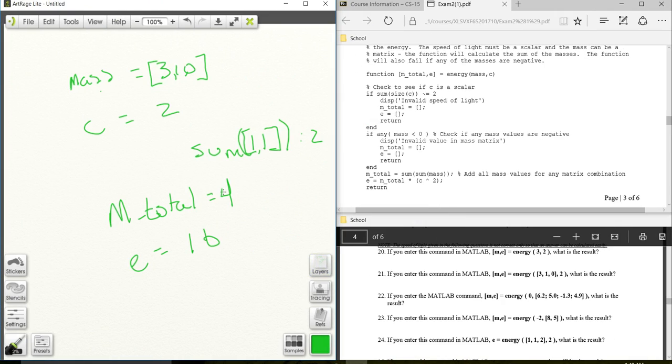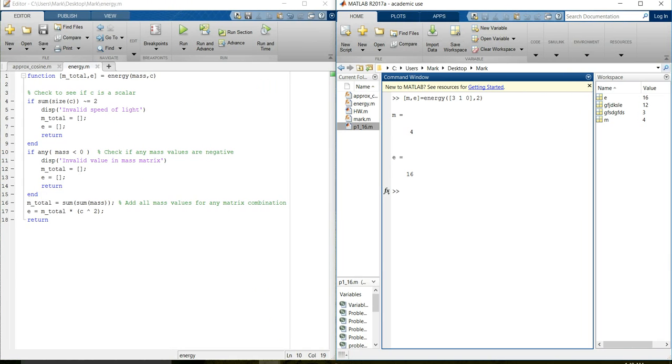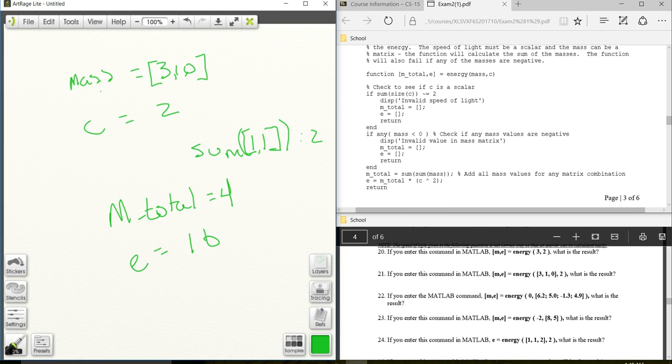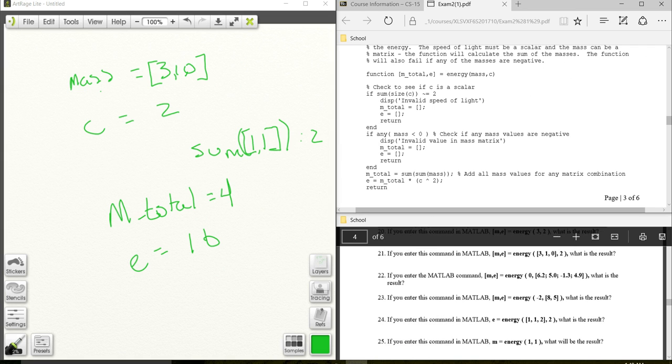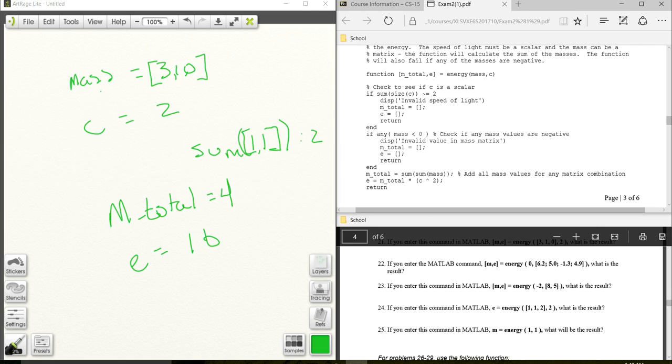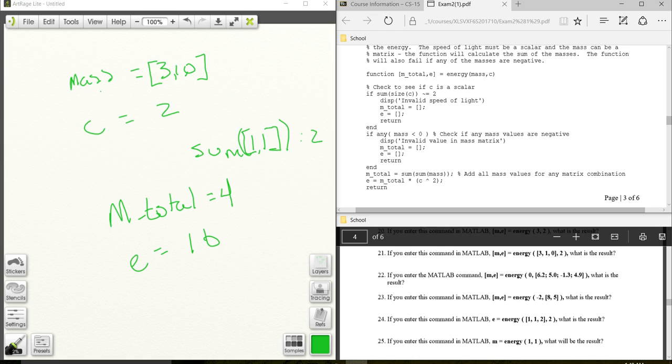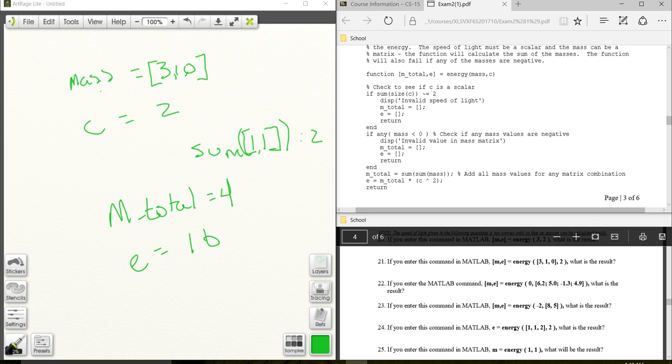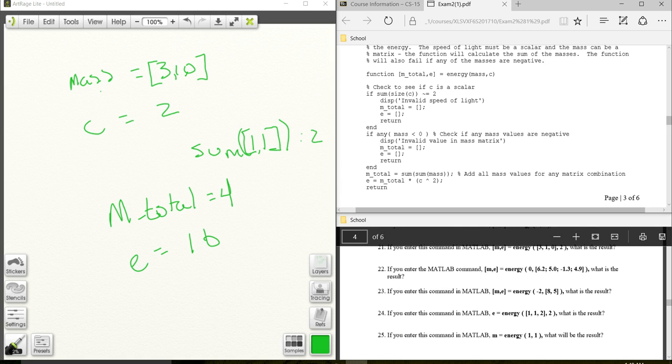Actually, I said M total is 4 and E is 16, and that's wrong. I would have docked myself points for that, because this should just be M. I wouldn't dock you guys points for that. I mean, I should, but since I messed up, I can't dock you guys points. That'd be messed up.